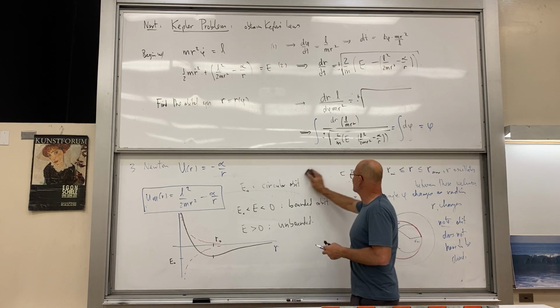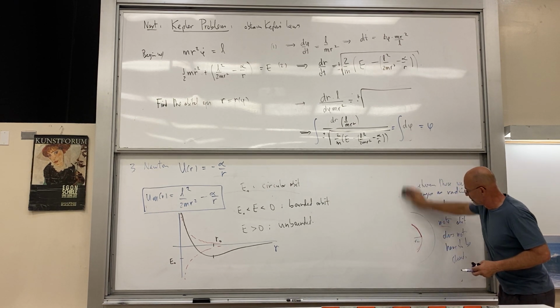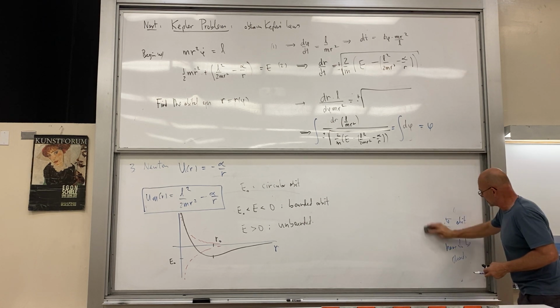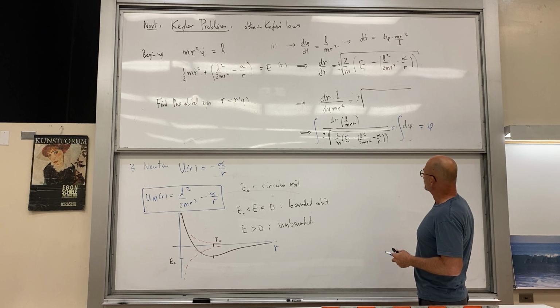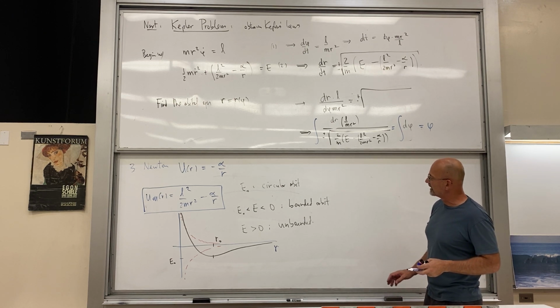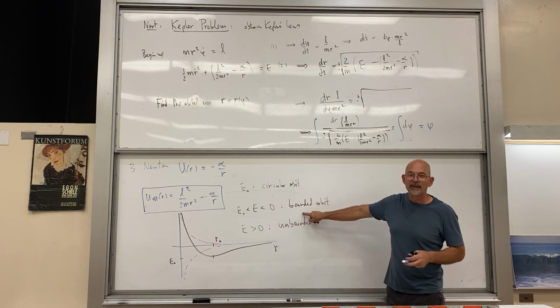What we'll be primarily interested in is energies less than 0, which will give us the circular orbits and the bounded orbits.